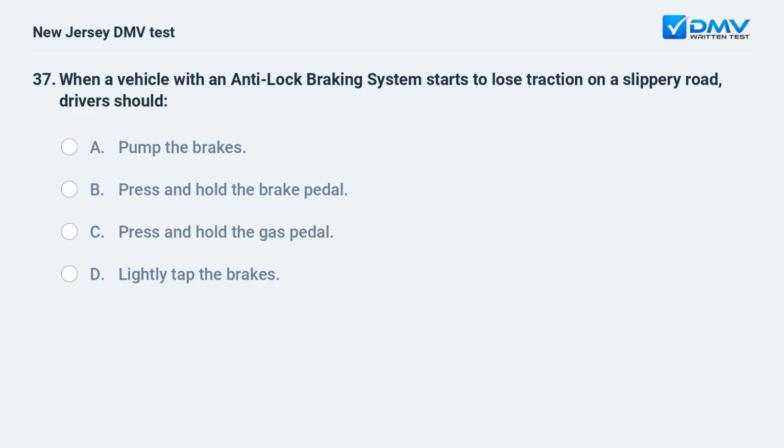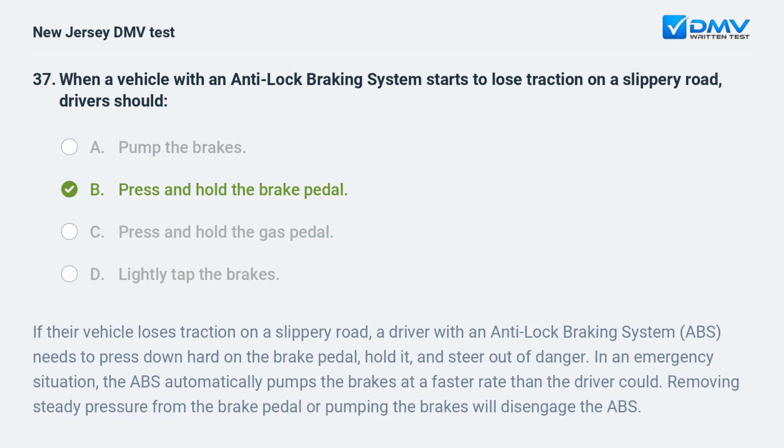When a vehicle with an anti-lock braking system starts to lose traction on a slippery road, drivers should: A. Pump the brakes. B. Press and hold the brake pedal. C. Press and hold the gas pedal. D. Lightly tap the brakes. B. Press and hold the brake pedal.